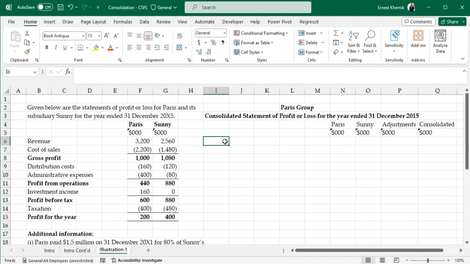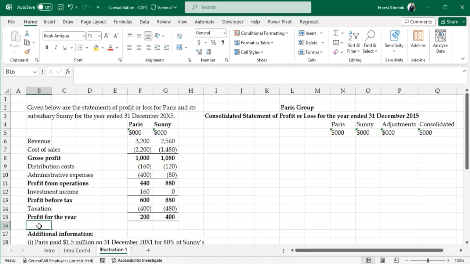So what we are doing is taking the parent's statement of profit or loss items, right from revenue, as you can see from the separate financial statements here, through to the profit for the year, and if there are any other comprehensive income items, we pick them.